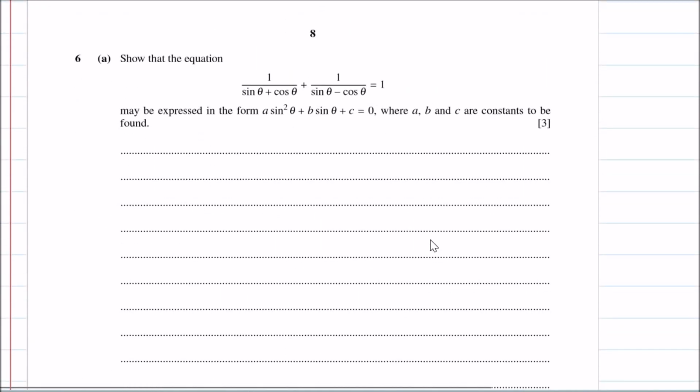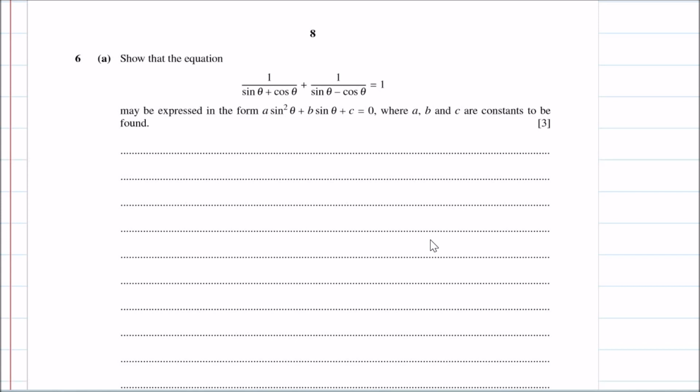This is a trigonometric question and it says to solve this equation. Show that the equation 1 by sin theta plus cos theta plus 1 by sin theta minus cos theta equal to 1 may be expressed in the form a sin square theta plus b sin theta plus c equal to 0, where a, b, c are constants to be found.